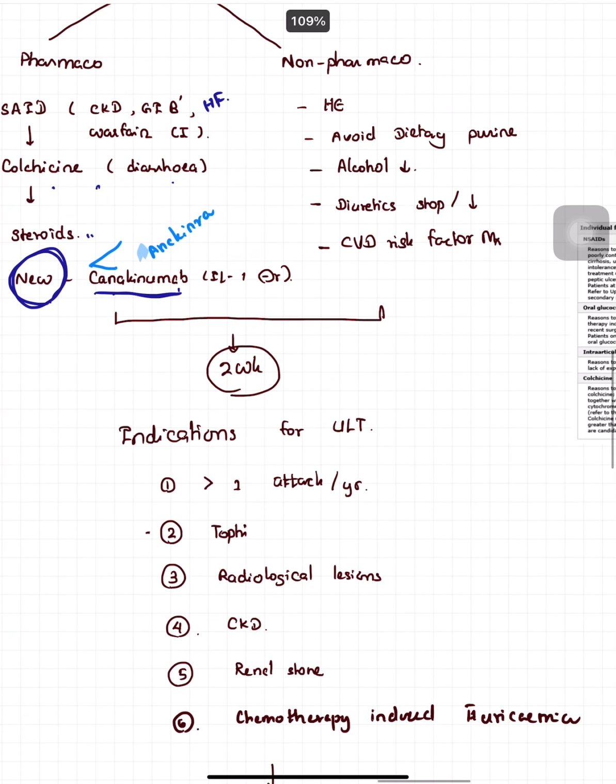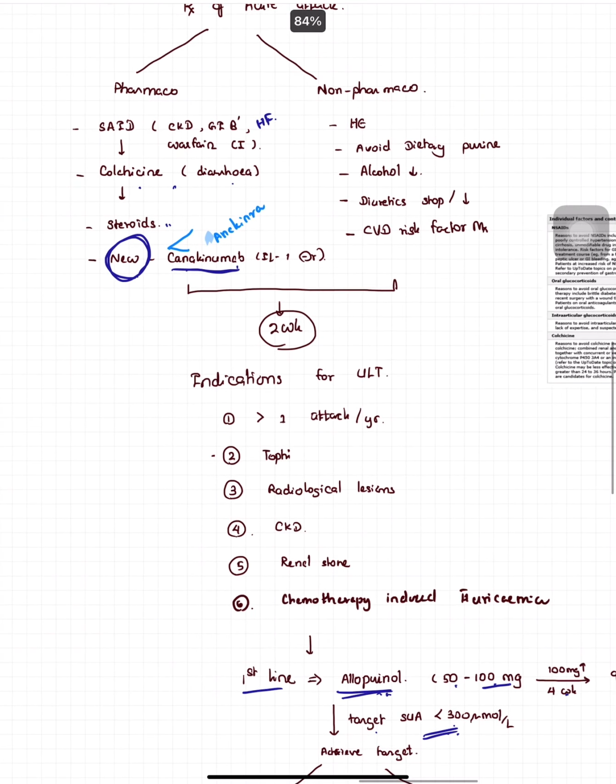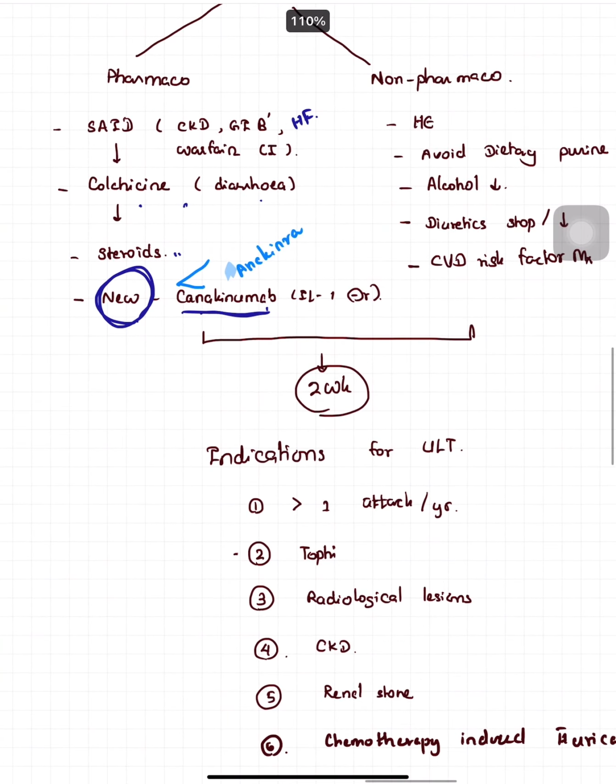Okay, so whatever the cause, whatever the treatment used, the acute attack will subside after initial treatment, and we have to consider uric acid lowering therapy after the acute attack has settled for about 2 weeks.